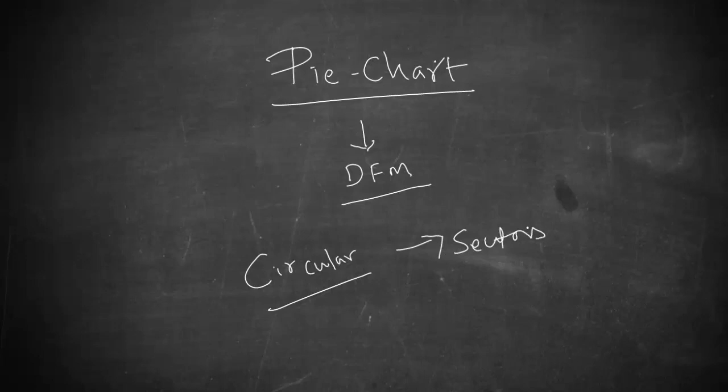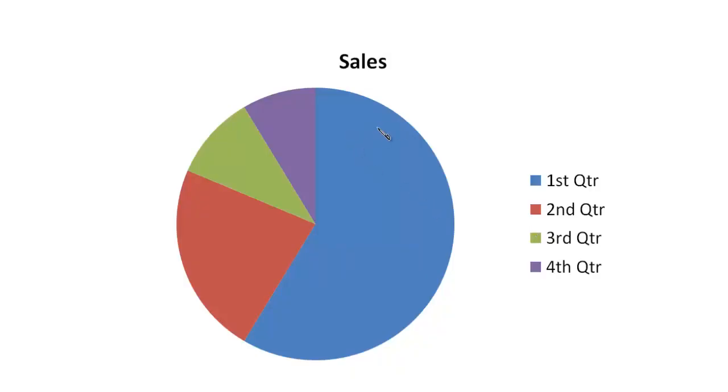Let's see how a typical pie chart will look. A typical pie chart will look like this, wherein you are going to divide this circle into various sectors so that each sector will illustrate a numerical proportion. Here, this is the pie which is going to represent one full year.